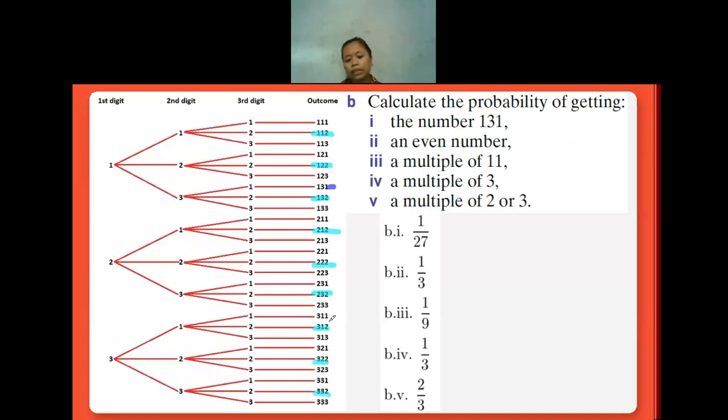When I check in total, there are 1, 2, 3, 4, 5, 6, 7, 8, 9. There are 9 outcomes. So 9 out of 27, which equals 1 over 3.